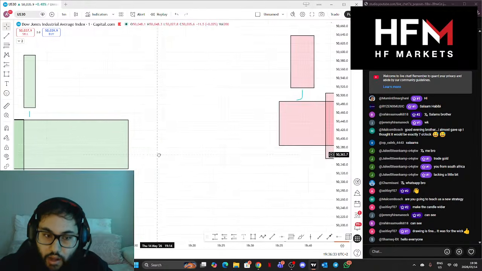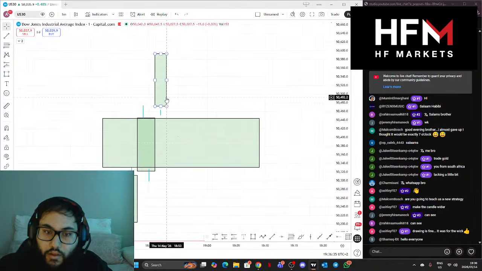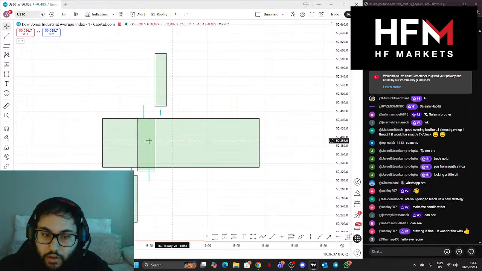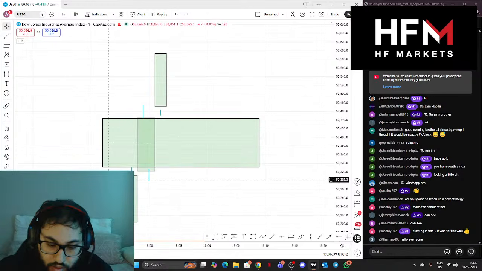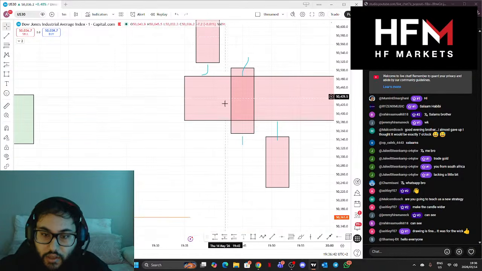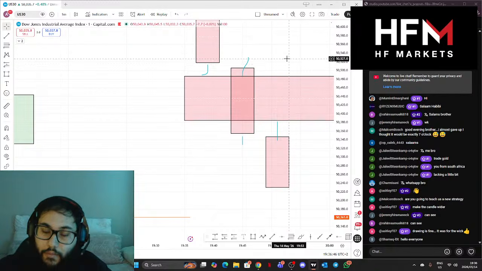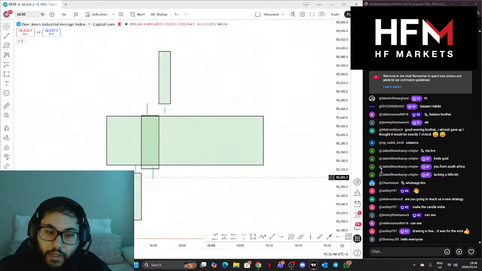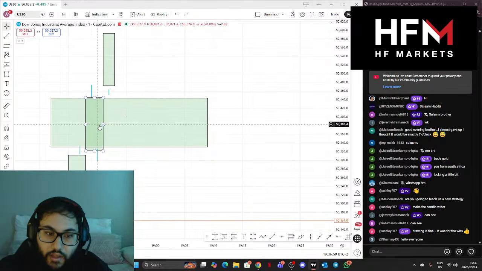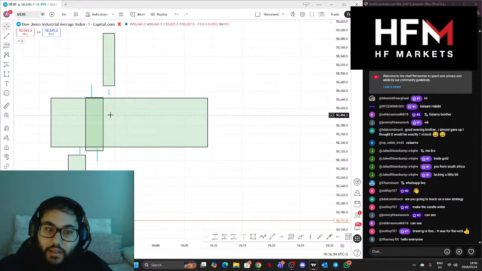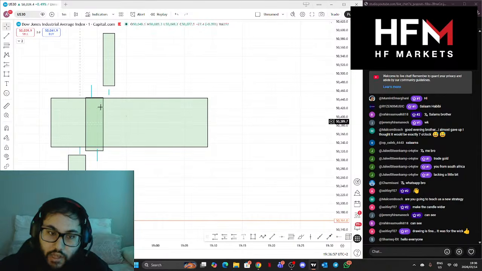So basically, all you need to know to tell whether a fair value gap is bullish or bearish is the middle candle. If this candle here is bullish, meaning it's a green candle, most of you probably have green on your chart, then this here is a bullish fair value gap.